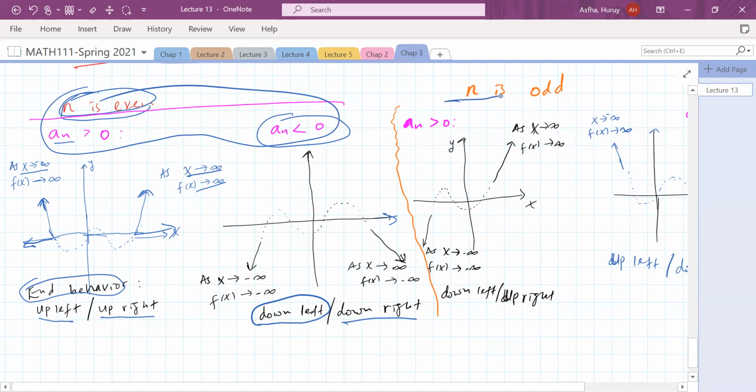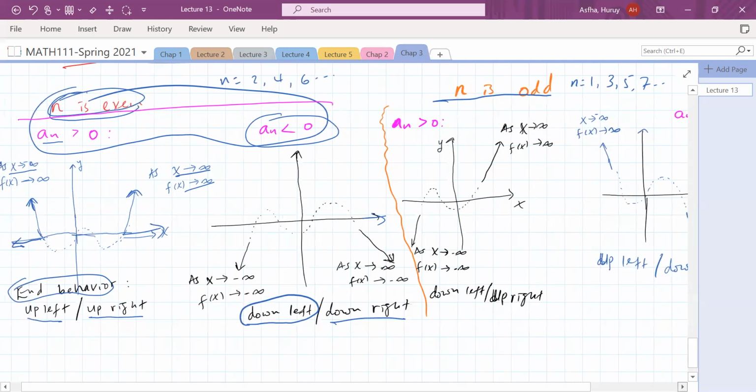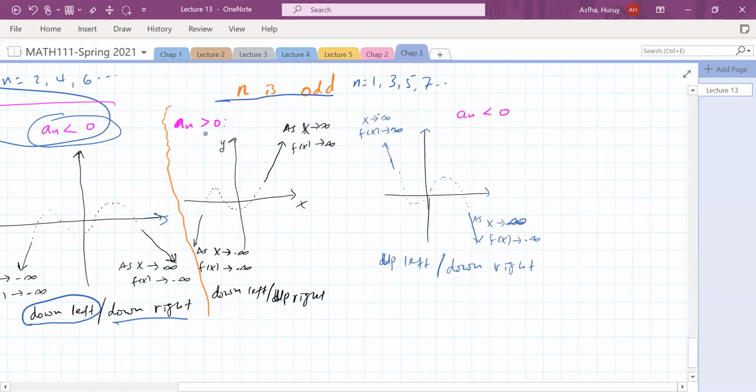And the other case is when n is odd. For example, if n is 1, 3, 5, 7, and so on. Here n is 2, 4, 6, and so on for the even case. Now, when n is odd and a_n is greater than 0, we have a graph which looks like this one.